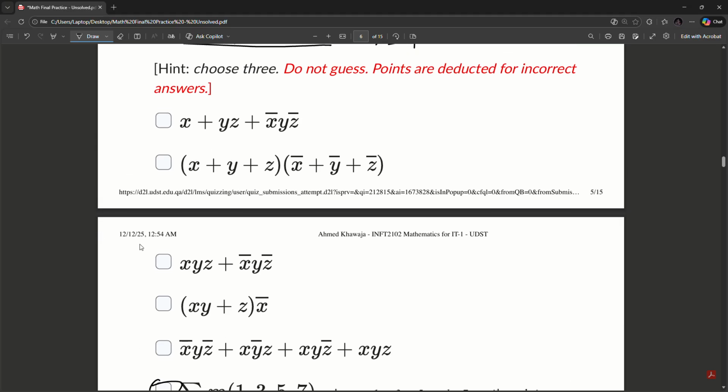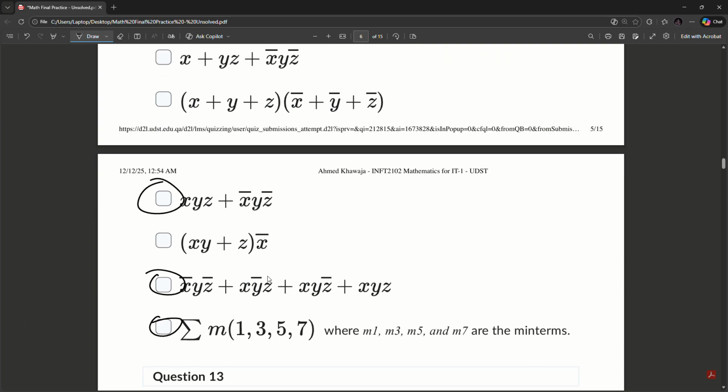And then this is the other one, which makes sense, because I have X, Y, and Z. And then this one, because this is a full minterm, where this is 0, 1, 0. Sorry, wait, no, I made a mistake there. 0, 1, 0, 1, 0, 1, 1, 1, 0, 1, 1, 1.